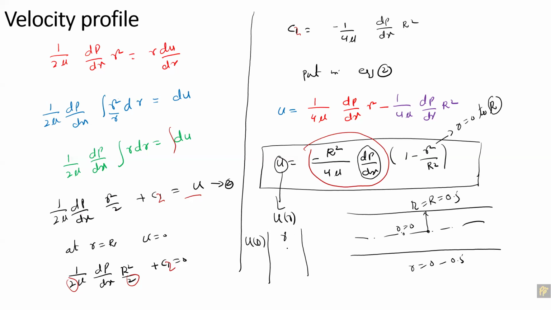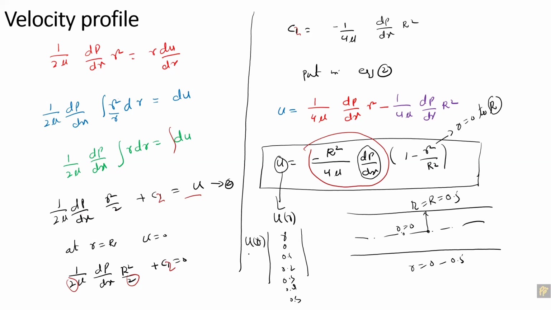But traditionally, the plot we see in the books has u(r) drawn on the x-axis and r along the y-axis. So you put the values, for example 0, 0.1, 0.2, 0.3, 0.4, 0.5, and you can use Excel for this purpose, which is very easy.